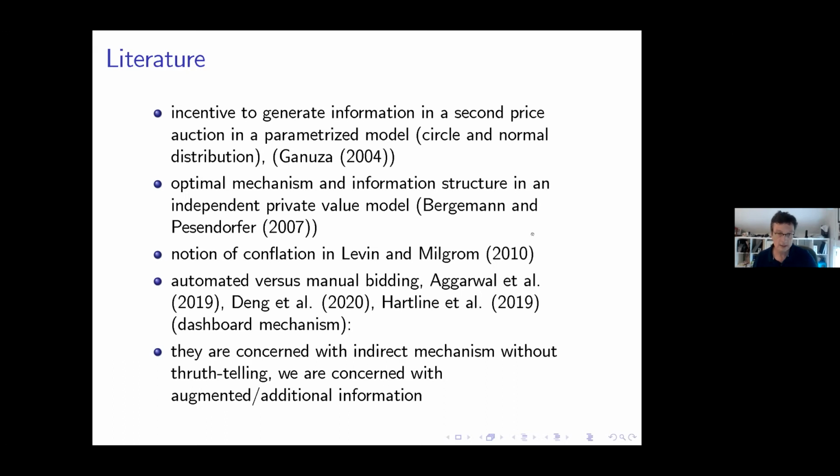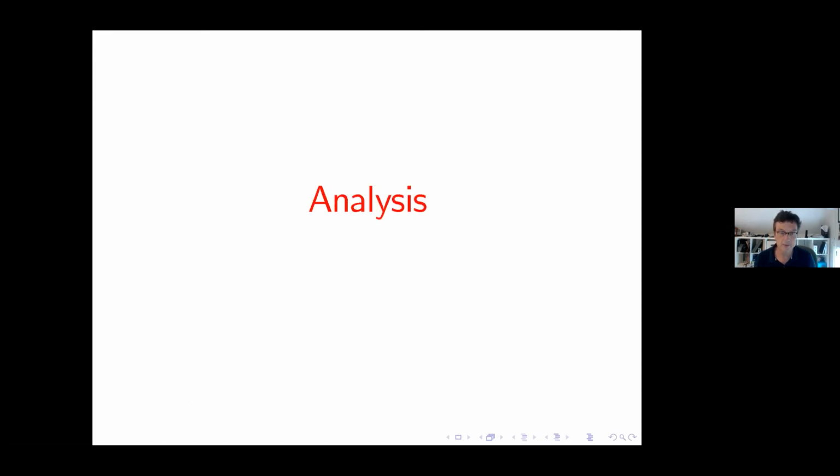Okay. There's some recent very nice work in computer science to think about automated versus manual bidding, and so we're borrowing their language. This work focuses mostly on indirect mechanisms such as first price auctions and much less on information. So in that sense, we bring this language to the question of information. Great.